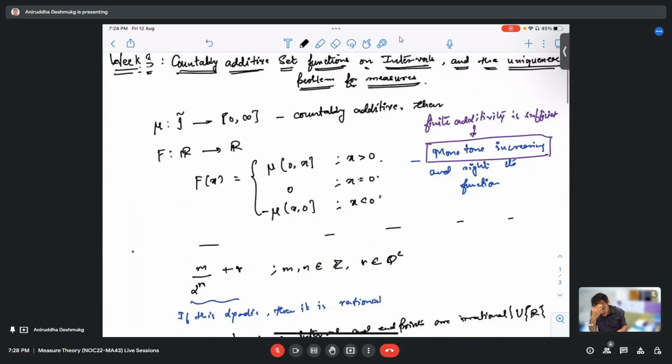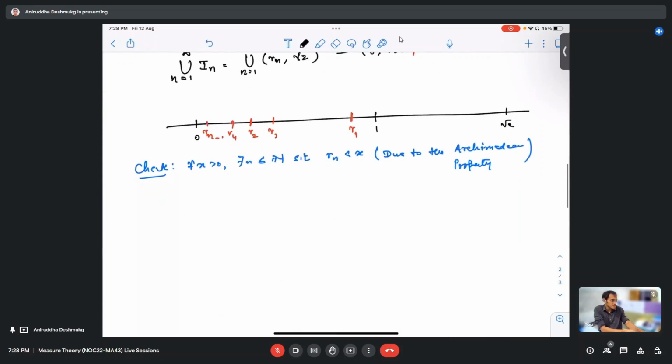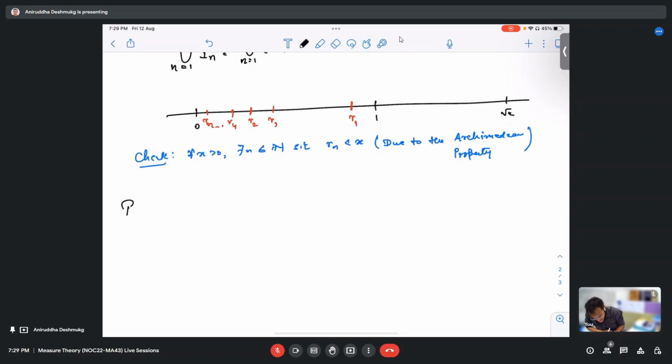Before we do anything else, let us go to one thing that was left in class as an exercise. I want to know whether you have tried it or not. We saw one of the results that characterized countable additivity whenever the set function was totally finite.